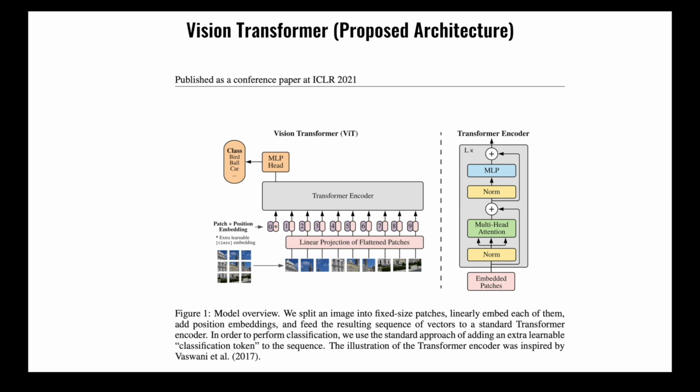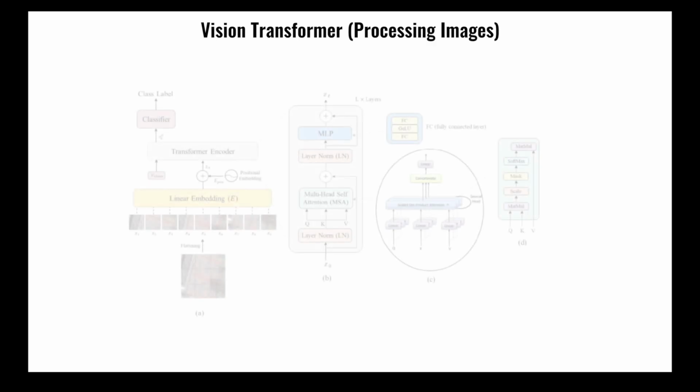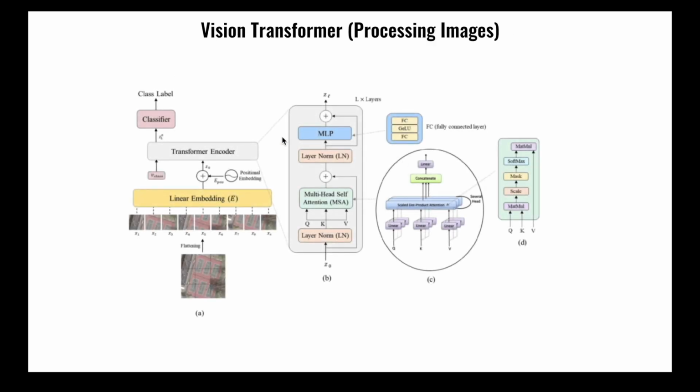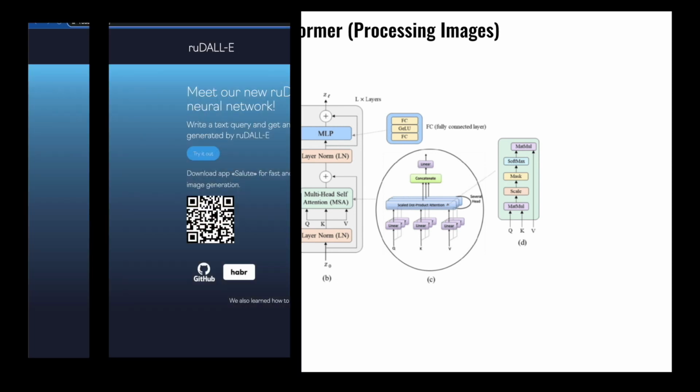If we want to go a little deeper to understand what happens in vision, here you could see that the input image is split into a linear sequence of patches, and that's where the linear embedding is. And then finally the class is added, and this is your encoder. So this image explains a little more deeply what happens inside the vision transformer.